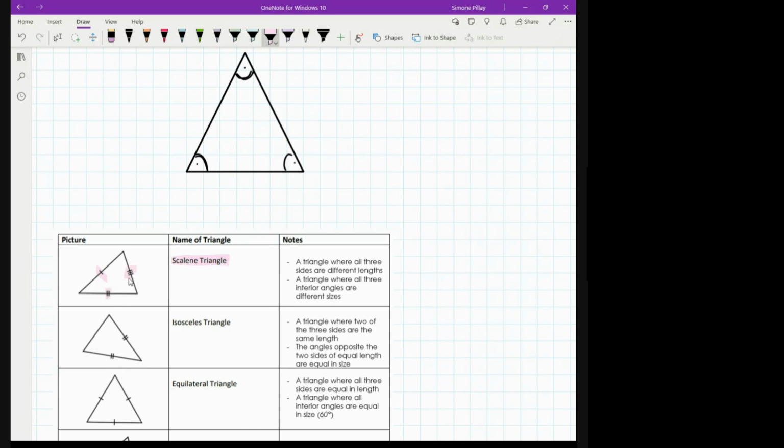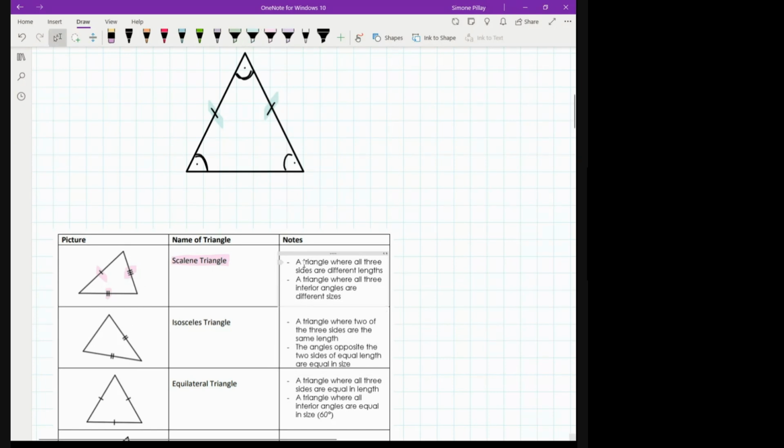Remember, when we mark equal sides on shapes, we usually use the same markings to represent that the sides are the same length. If I had these 2 markings here, I know that these 2 lines are the same length. But with my scalene triangle, none of the markings are the same, meaning none of the sides are the same.